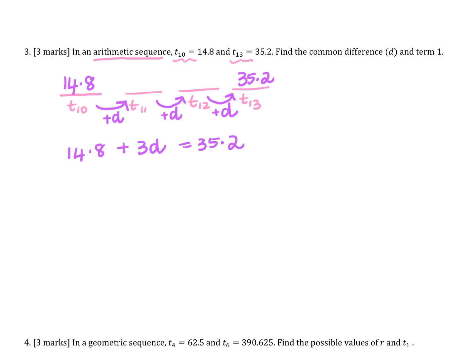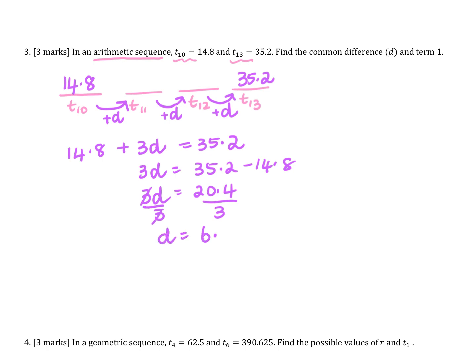And then from there, I can just turn this around and solve it. 3 lots of the difference, 35.2 minus 14.8, which is 3 lots of the difference is 20.4, divided by 3. The difference is 6.8.